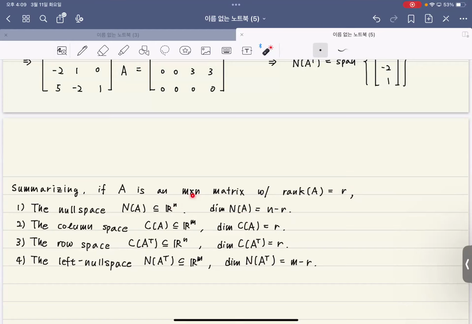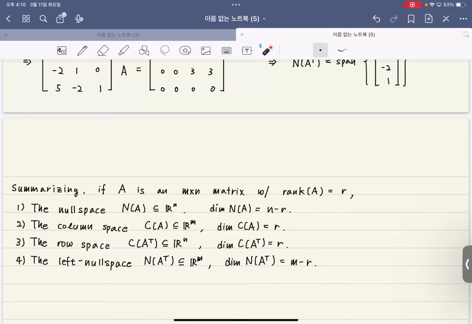The null space of A is a subspace of R^n, and it is n minus r dimensional. The left null space is a subspace of not R^n but R^m, and it is m minus r dimensional. Even though I have omitted it, you should be able to find the basis of those 4 fundamental spaces. These are so important, so we say these are the 4 fundamental spaces.